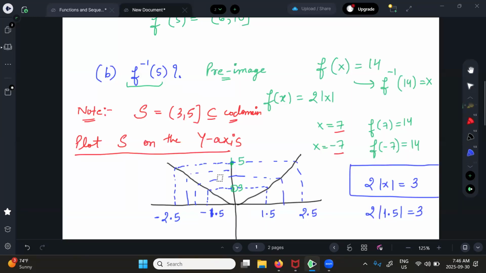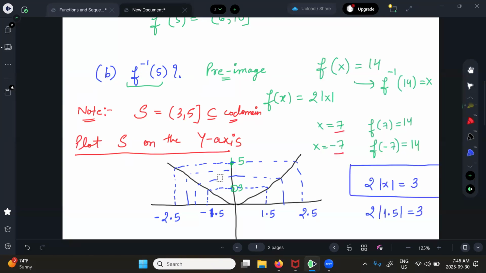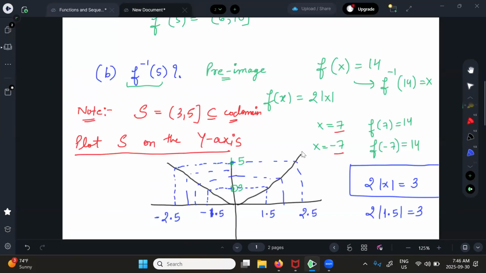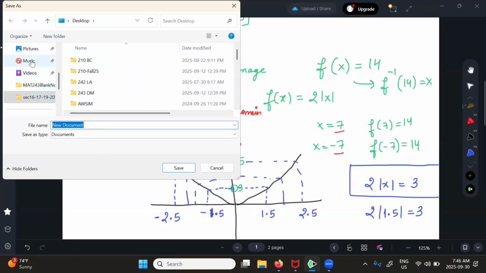Why is it not working? Oh, come on, it always does this to me. What is wrong with this? Yeah, okay. Hold on, let me save it. It had to happen when I'm recording this. Come on, where should I save it now?